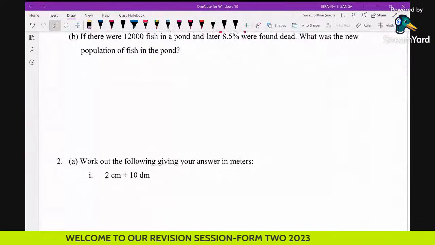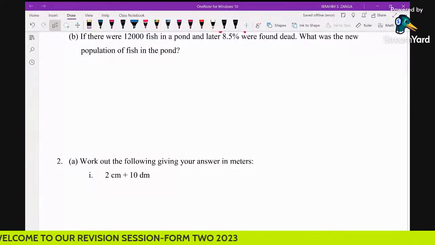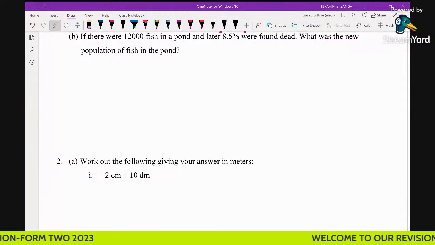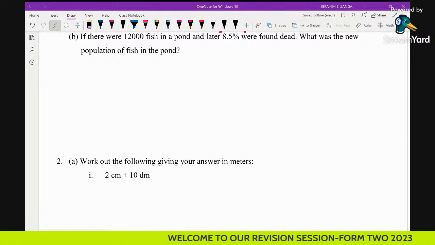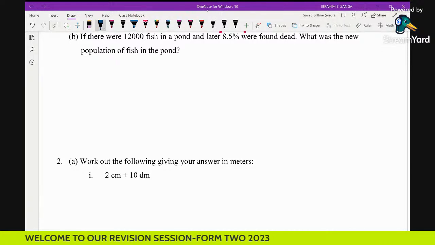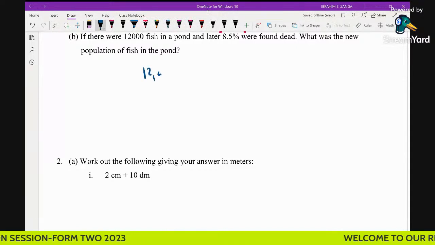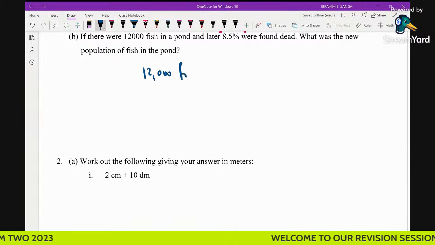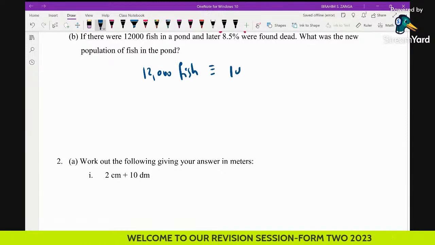If there were 12,000 fish in a pond and later 8.5% were found dead, what was the new population of the fish in the pond? Basically, 12,000 fish are equivalent to 100%.